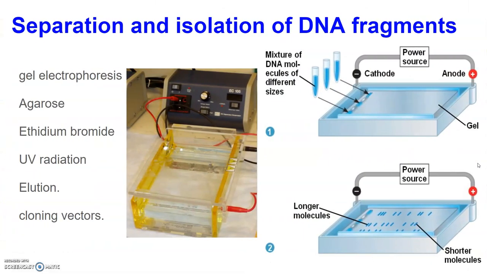Normally, unless one cuts the vector and the source DNA with the same restriction enzyme, the recombinant vector molecule cannot be created. Next is the separation and isolation of the DNA fragments. The cutting of DNA by restriction endonuclease results in fragments of DNA, and these fragments can be separated by using a technique called gel electrophoresis.